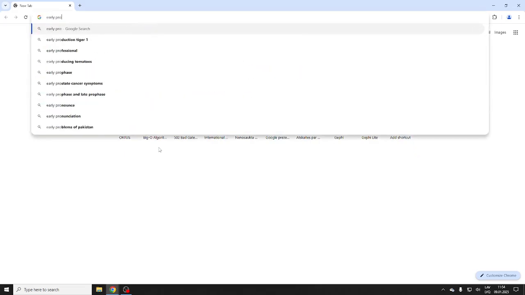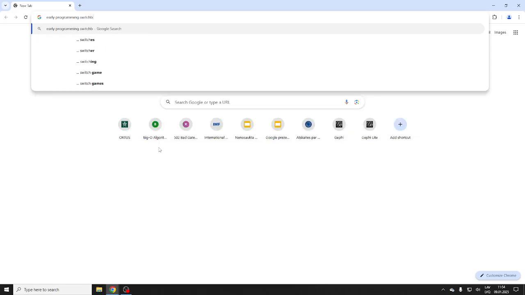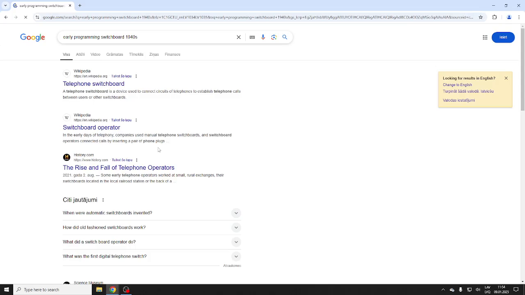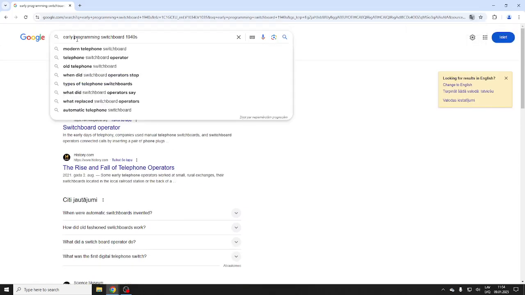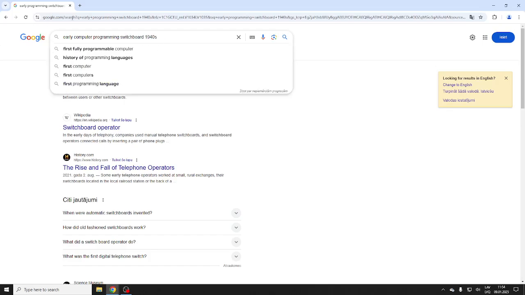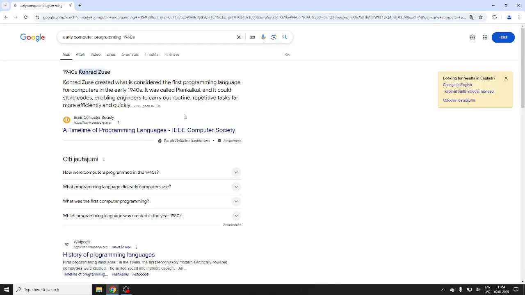early programming switchboard, 1940. No, that's not telephone. You see, it's similar. Computer, early. Let's see if we can find a picture. Yeah, Konrad Zuse, we already talked about him.